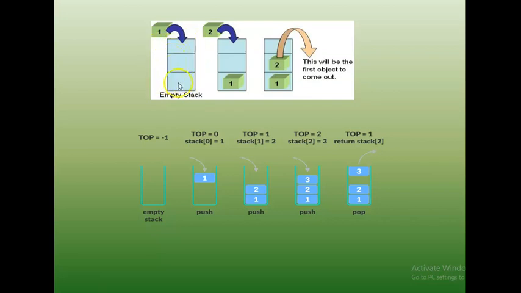If the size is 3, then the indices will be 0, 1 and 2. So the first location or bottom location is known as the 0th location. So when the stack is empty, we will keep top as -1 because there is no element in it. So it is kept as -1.